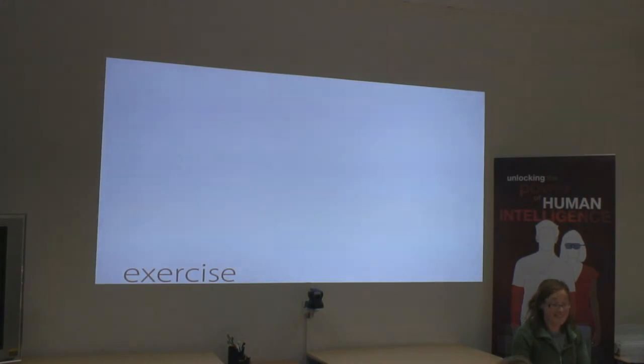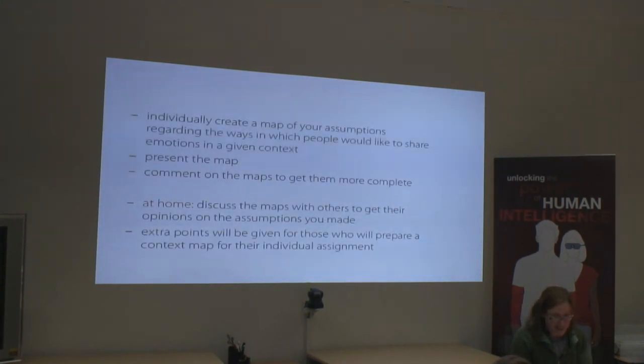Okay, so the exercise. We are not able to do it, so I'm not going to ask you to do it right now. But if you want to, this is for some extra points. You could do this exercise. Just create the map of your assumptions for the focus that you want to get for the particular user group that you are going to design for, and then present this map and discuss it with some people who are in the situation that you are designing for.